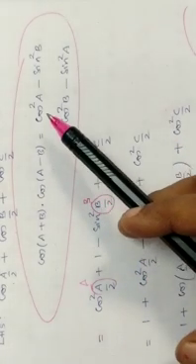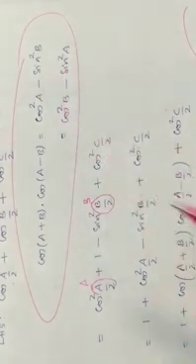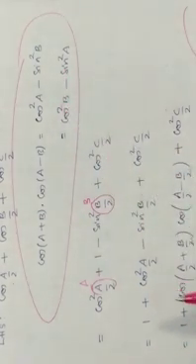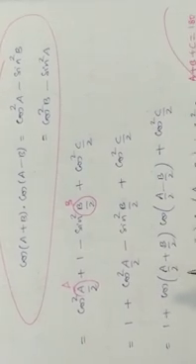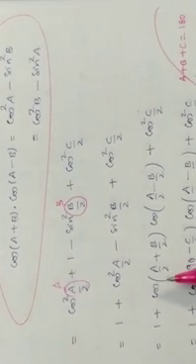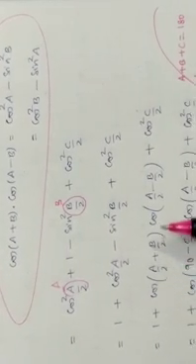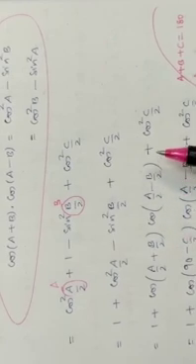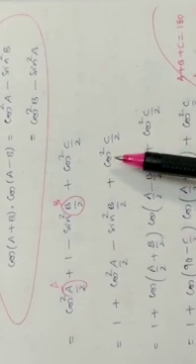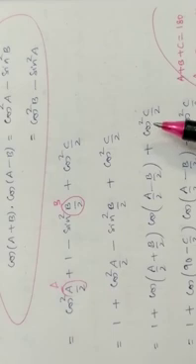So cos square a minus sin square b. Formula is cos a plus b into cos a minus b plus cos square c by 2 as it is.